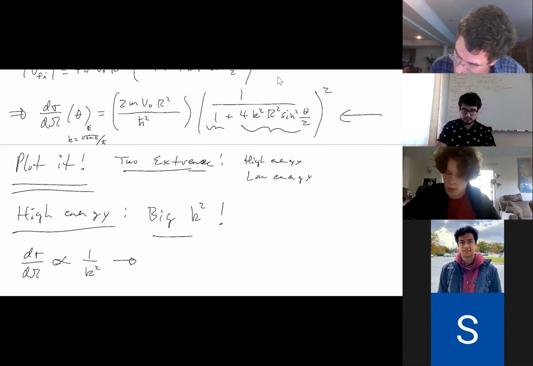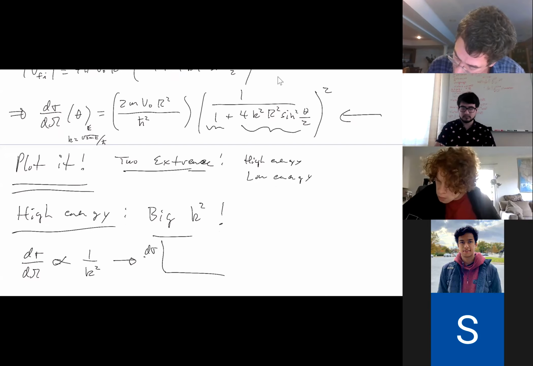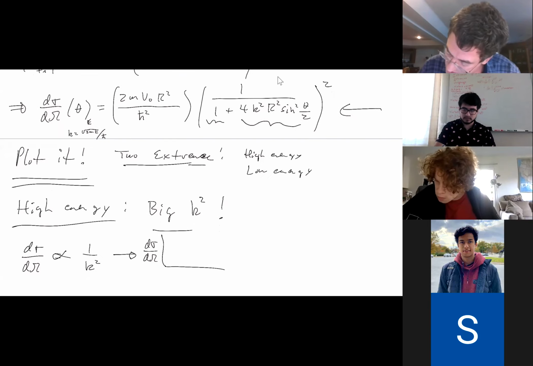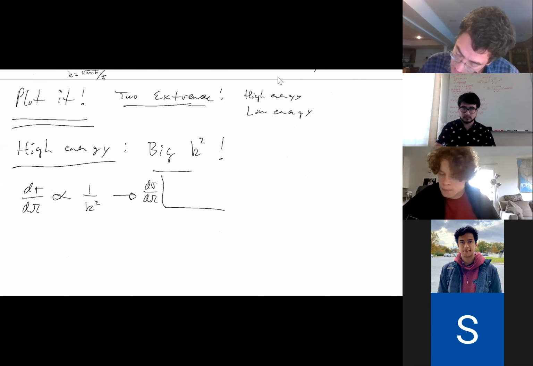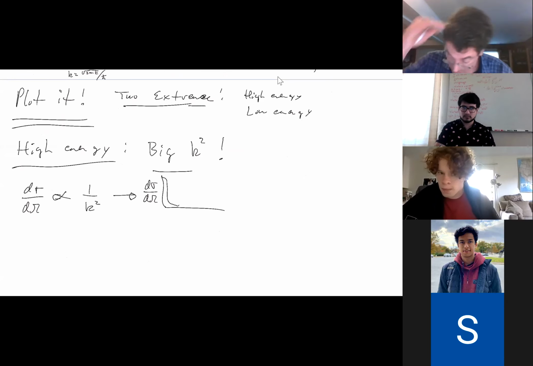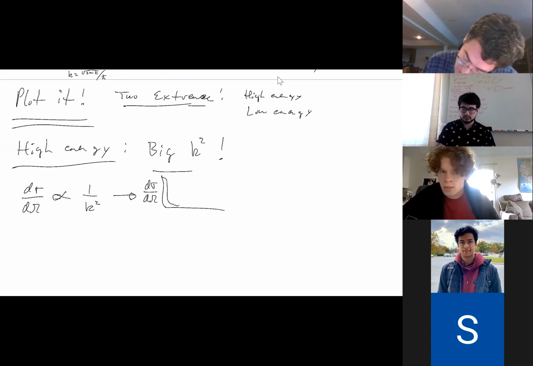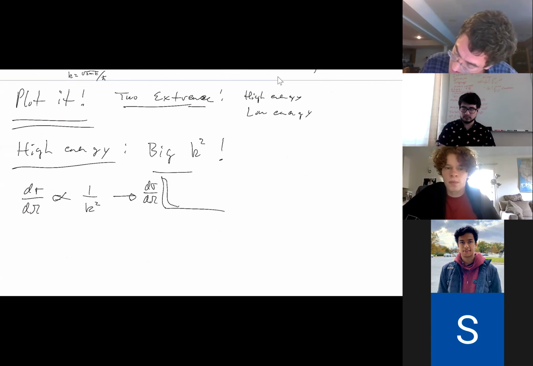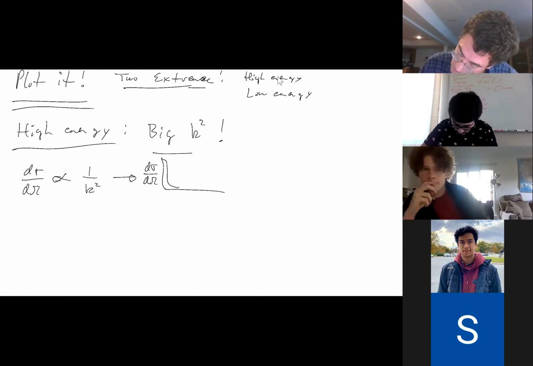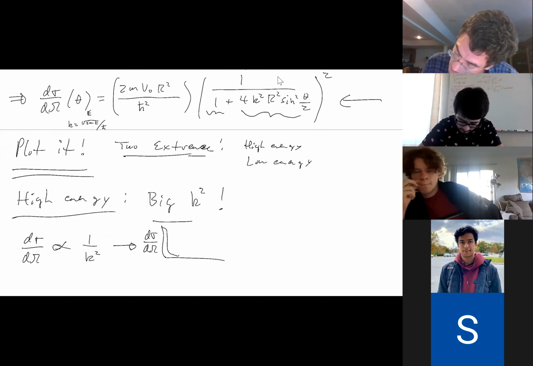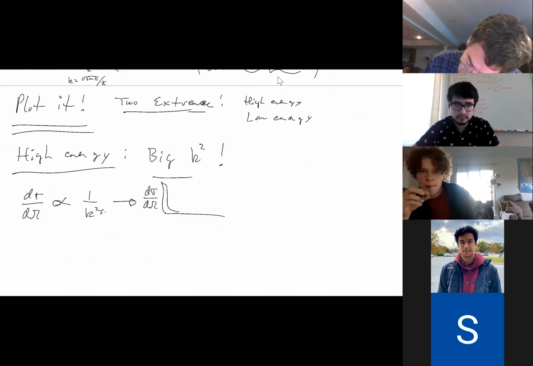So if I plotted d sigma d omega, it goes as 1 over k squared sine squared theta over 2.